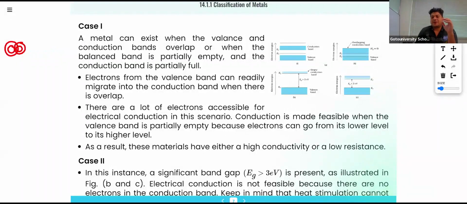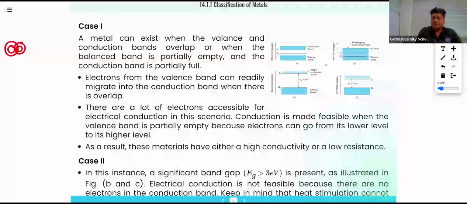That means the valence band electron is converted into a conduction band electron. But in the case of an insulator, the gap between the two atoms is quite high. And in the case of a semiconductor, the gap between the atoms will be moderate.